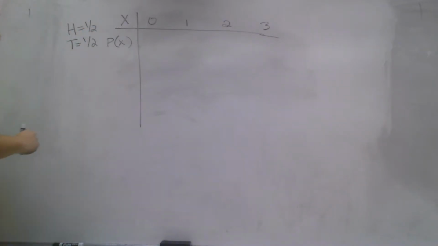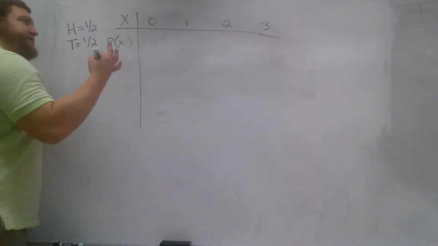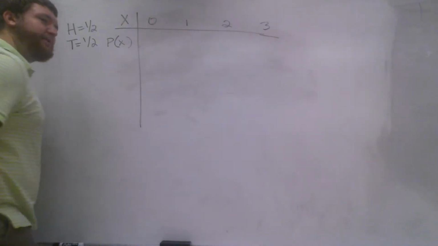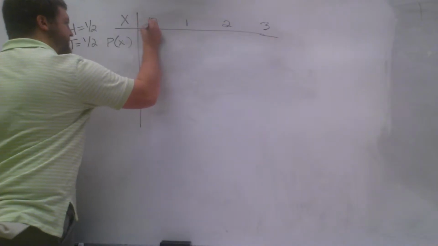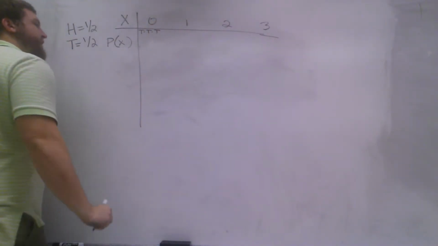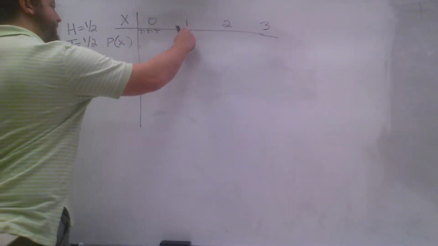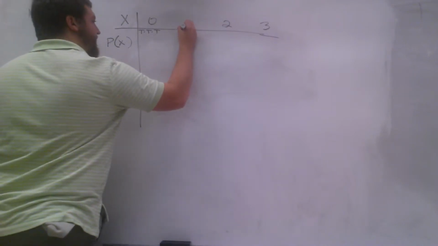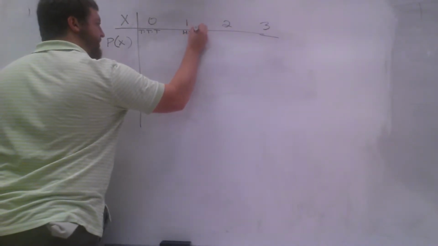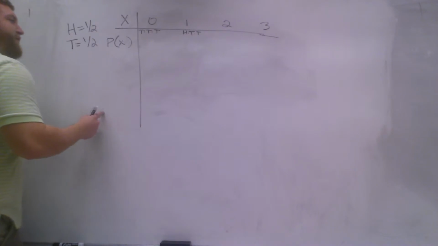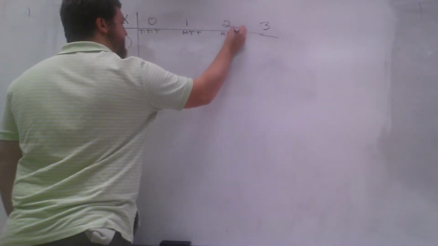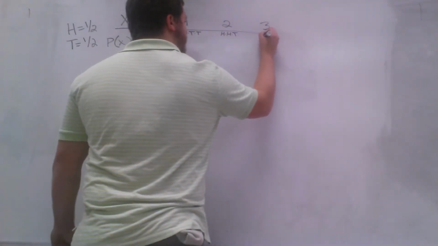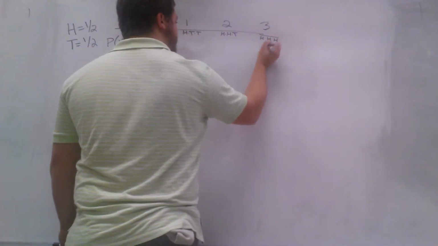If I flipped a coin 3 times and I got no heads, I had to get 3 tails. If I got 1 head, I got a head and then 2 tails. If I got 2 heads, heads, heads, tails, and if I got 3 heads, it would be heads, heads, heads.